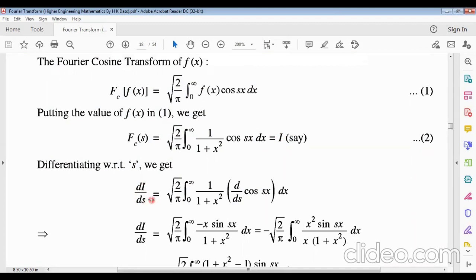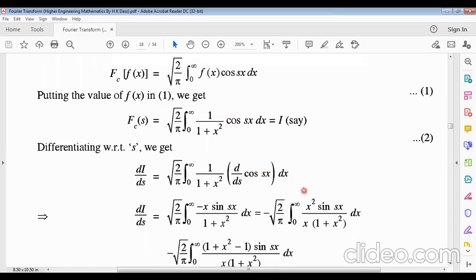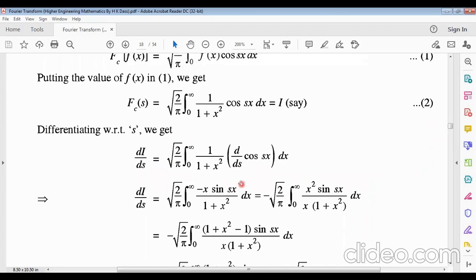This is why we are differentiating I with respect to s. So this equals root over 2 by pi, integral 0 to infinity of 1 by 1 plus x square, and only cos sx is a function of s, so d by ds acts on cos sx dx. All the rest will be treated as a constant.